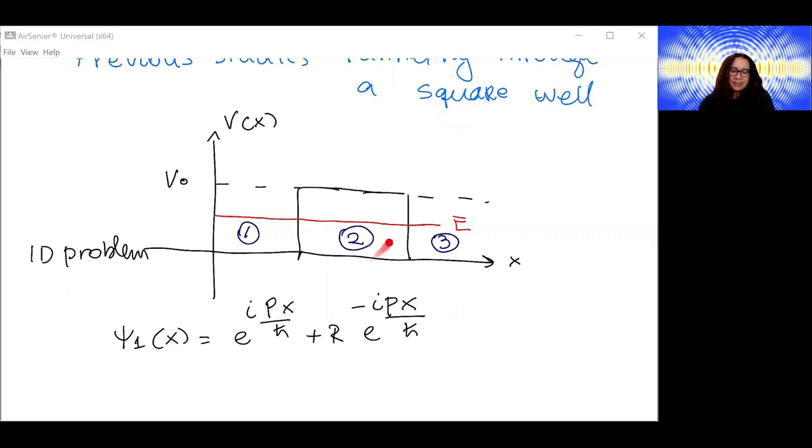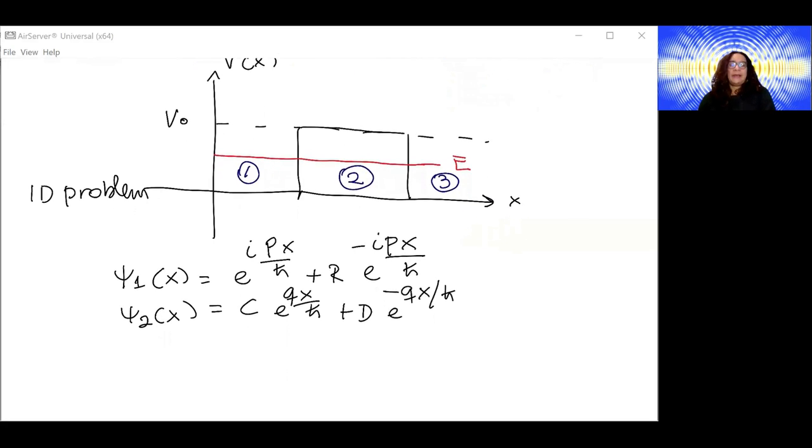Once the particle is here, the situation kind of changes. And we're going to have some exponential increase and some exponential decrease. And finally, once it got through in region 3, there's nothing to reflect because you just had this barrier here. You have nothing here, and you expect it to go through.